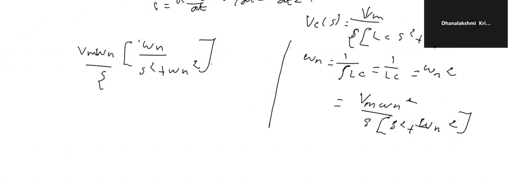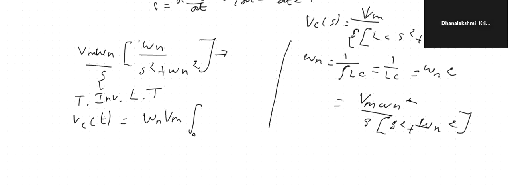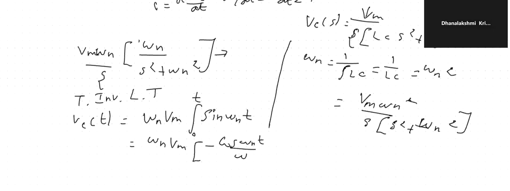Taking the inverse Laplace transform, we get Vc of t is equal to omega n Vm integral from 0 to t of sin omega n t. Replacing the integration term, we get minus cos omega n t by omega n from 0 to t.